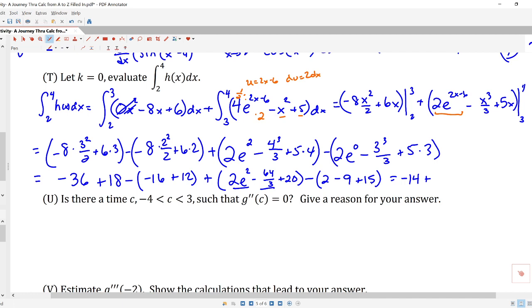Negative 7 plus 15 is positive 8. 20 minus 8 is 12. Put the 12 with the negative 14. That makes that a negative 2.